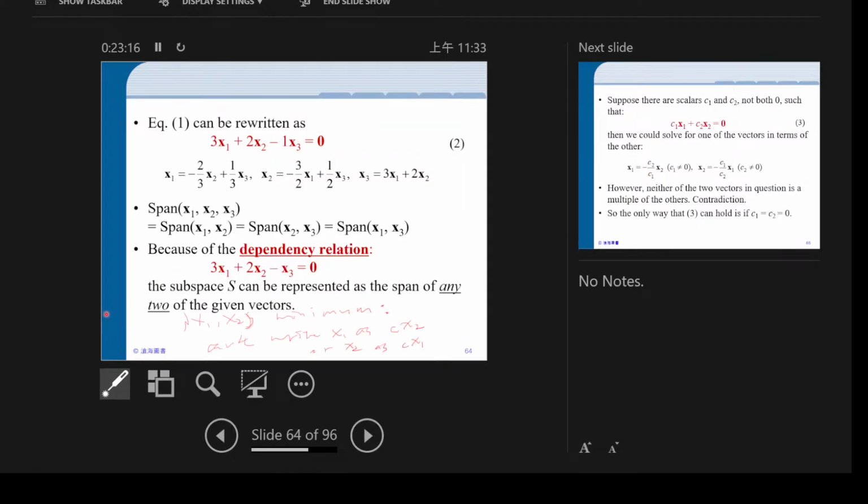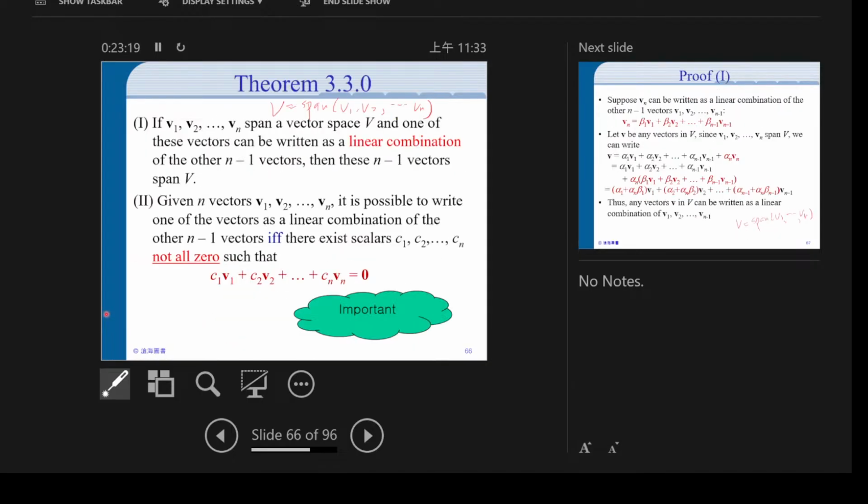Okay, and so I guess really the theorem is this thing. In the book it just writes down these two conditions, but I think this really should be a theorem, so let's call this theorem 3.3.0.